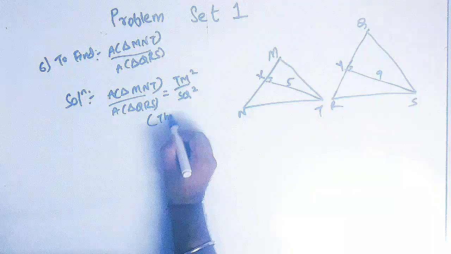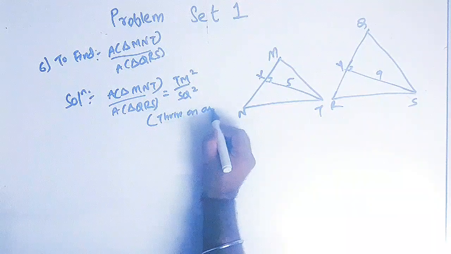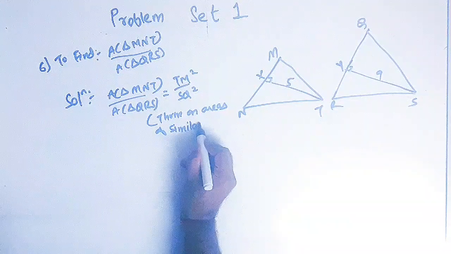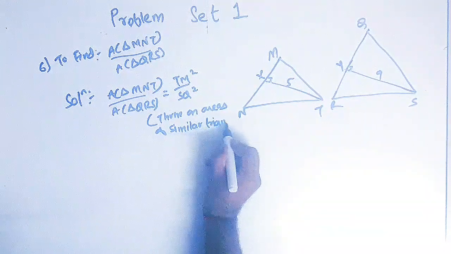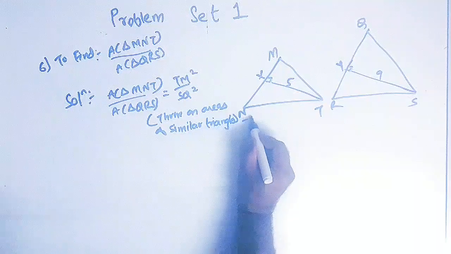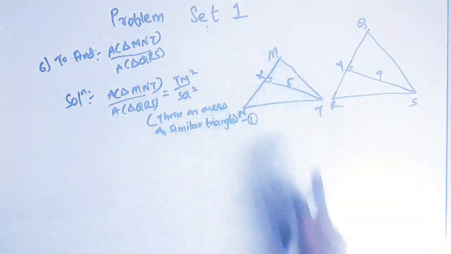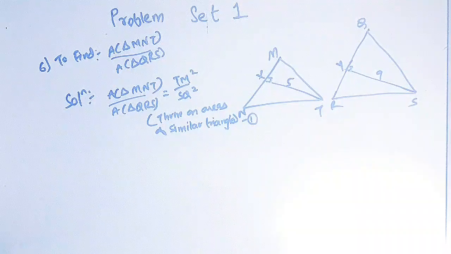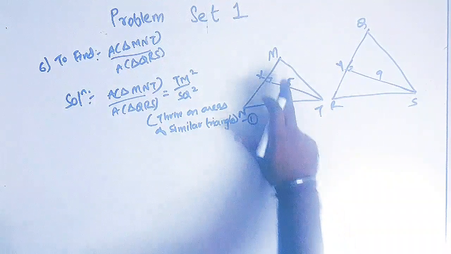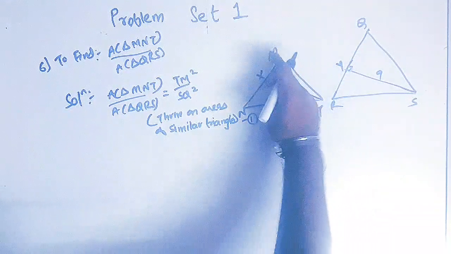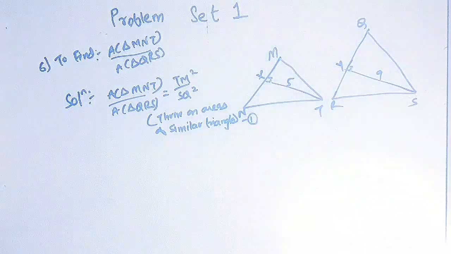This is by theorem on areas of similar triangles. This is first one. Now I am keeping this aside. Why have I taken only this side? That you will come to know, because we are taking these smaller triangles TMX and SQY.